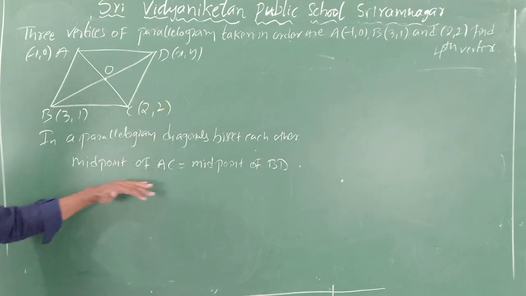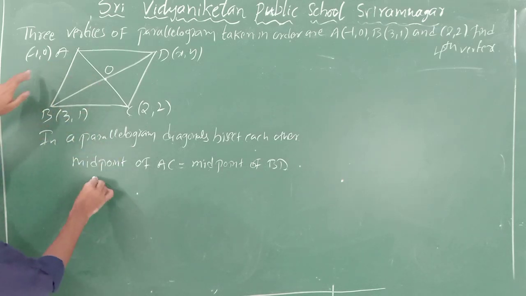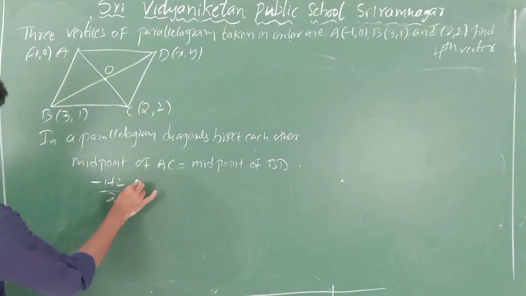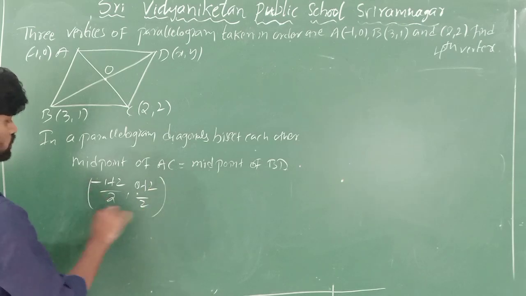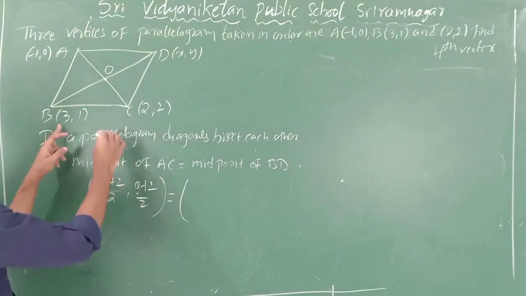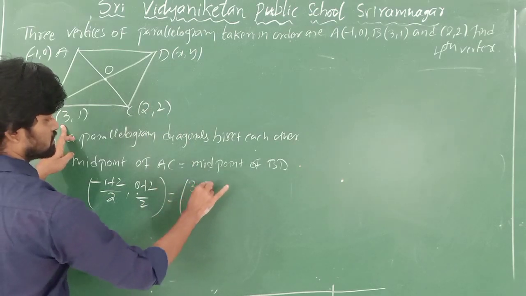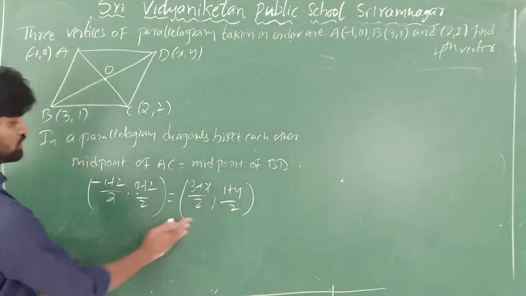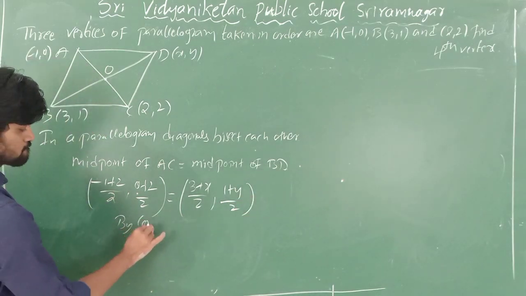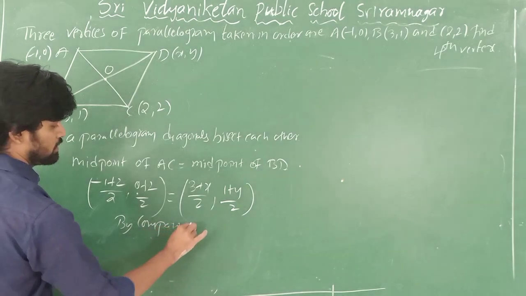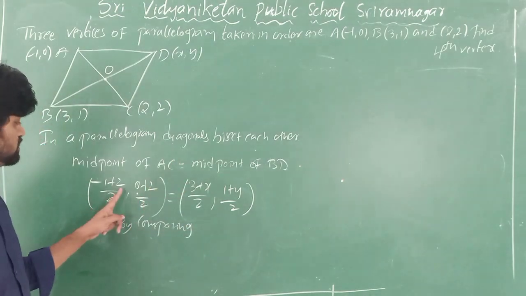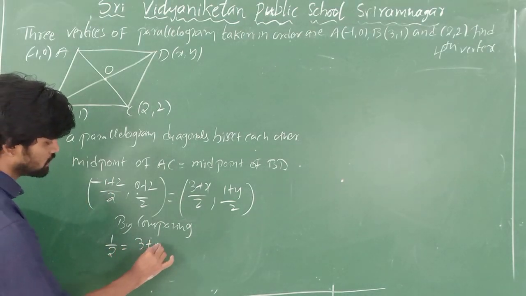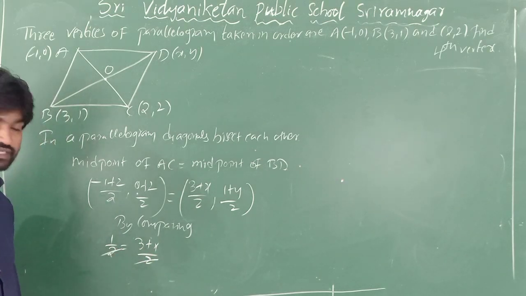So find the midpoint of AC here. Add x coordinates: -1 plus 2 by 2, comma, add y coordinates: 0 plus 2 by 2, which is equal to, here, add x coordinates 3 plus x by 2 and y coordinates 1 plus y by 2. Now do comparison. 2 minus 1 is 1, so 1 by 2 is equal to 3 plus x by 2. The 2 gets cancelled.